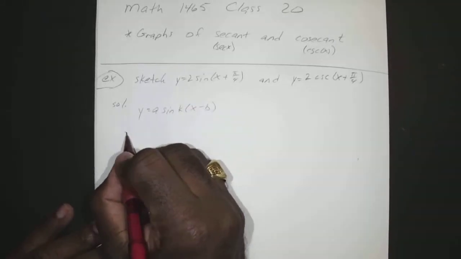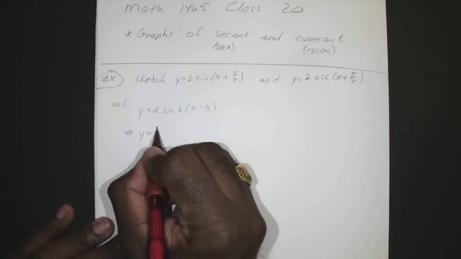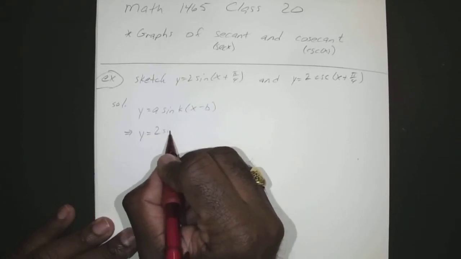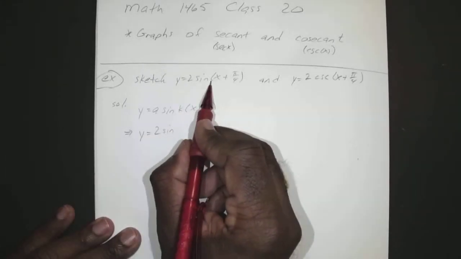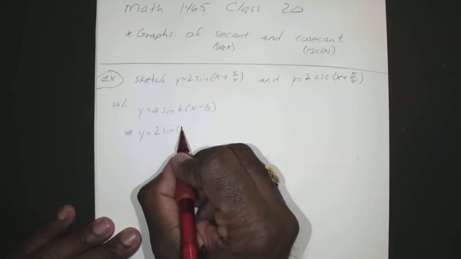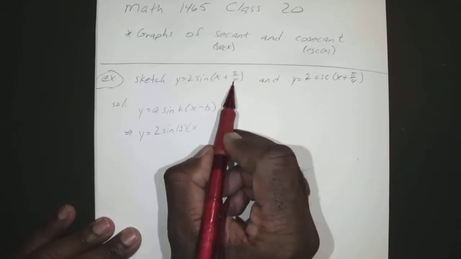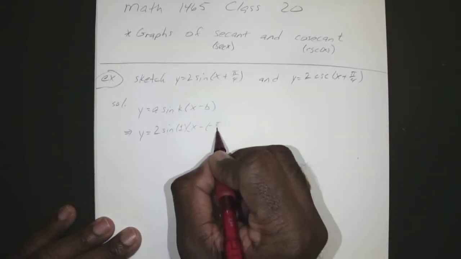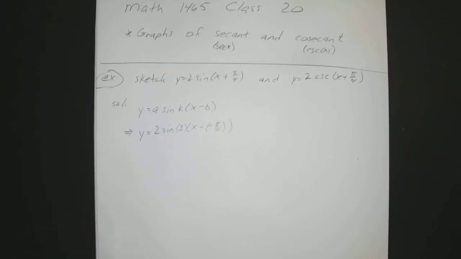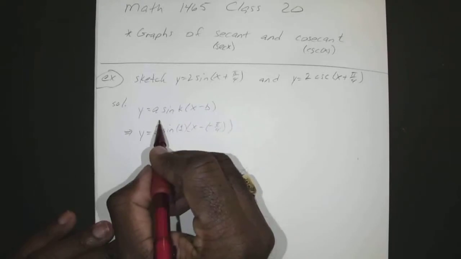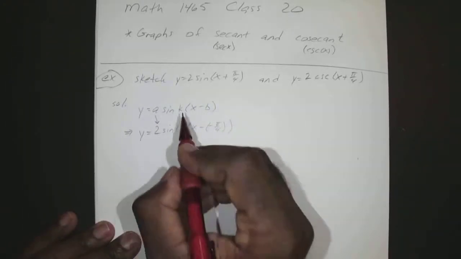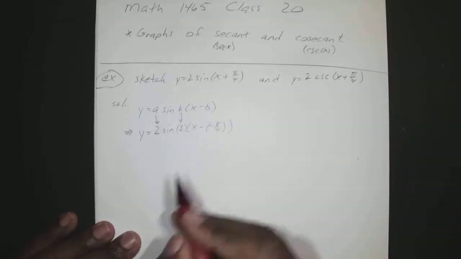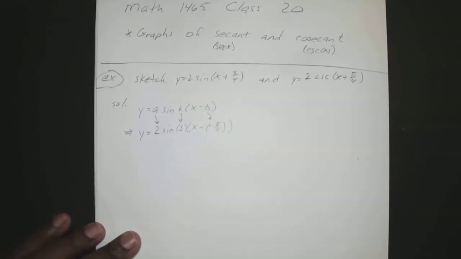So our formula will now become y equals 2 times sine of, there's nothing in front of the x after the sine, so that's just 1 times x minus negative pi over 4. So we know our a is equal to 2, our k is equal to 1, and our b is equal to negative pi over 4.